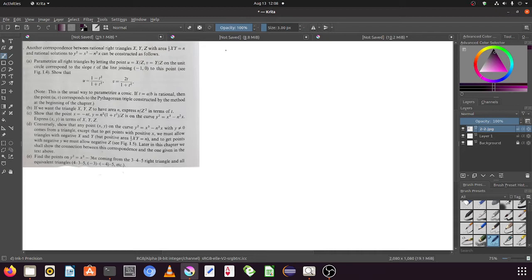So we start out with x, y, z. From this we get the area, and t, u and v, and t, and let's see, and from this we get x and y.